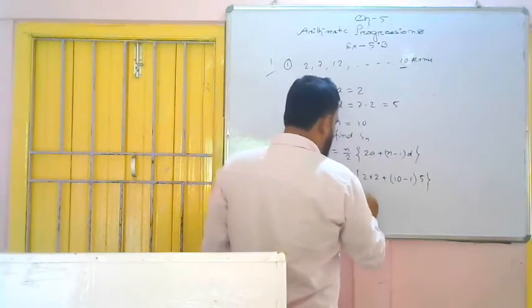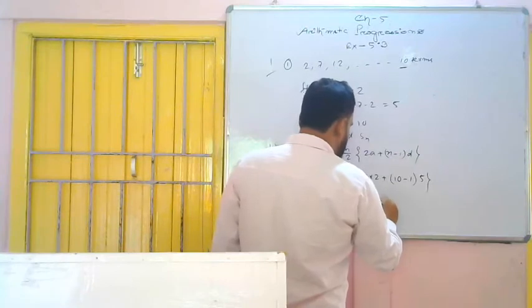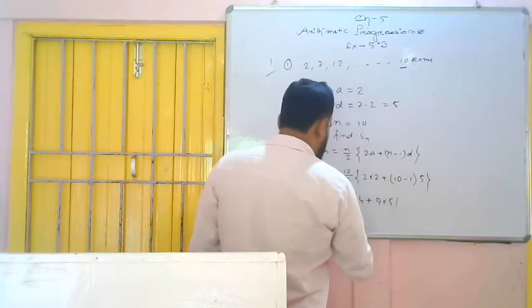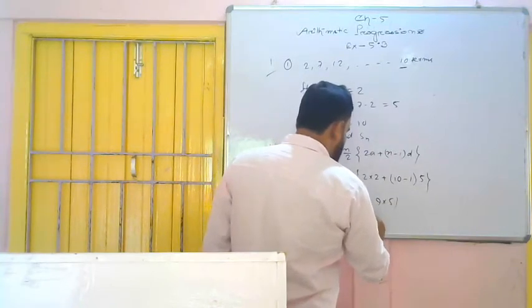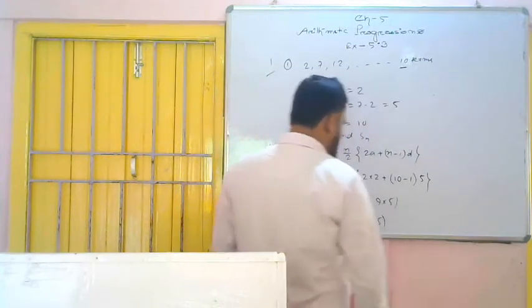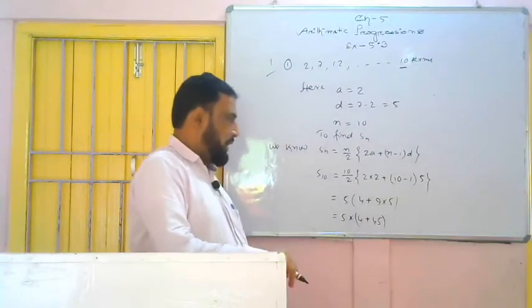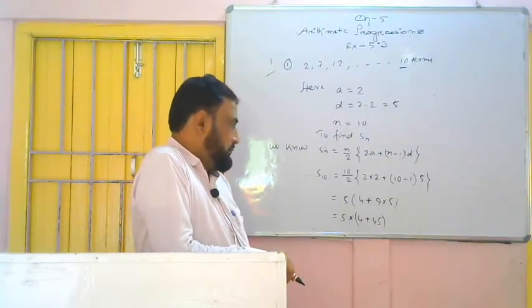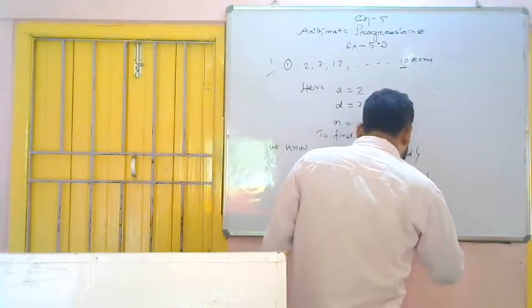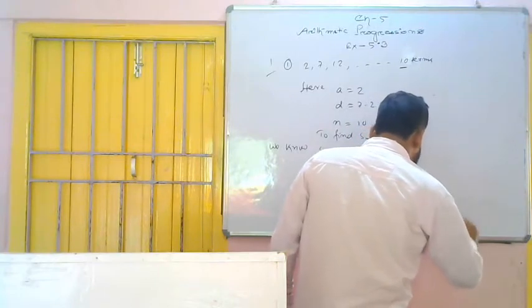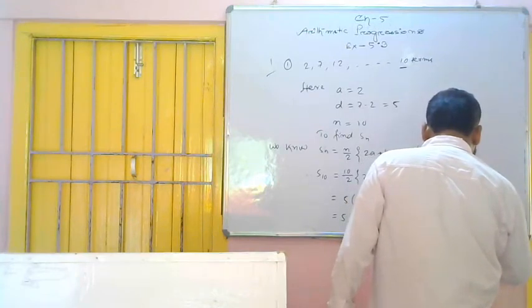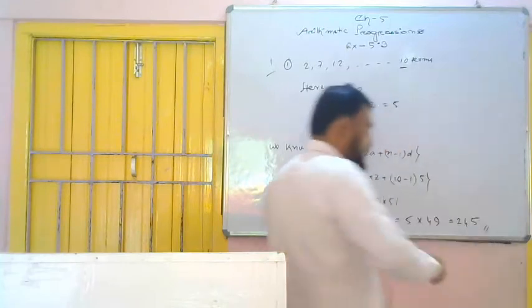So 5 into 4 plus 9 into 5, that is 5 into 4 plus 45, which is 5 into 49. This is your sum.